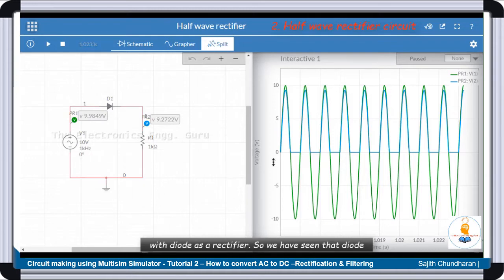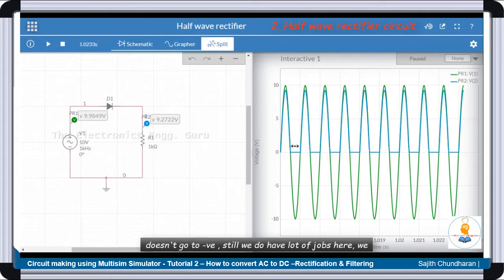So we have seen that diode is useful for us to rectify the input sine wave, and we have rectified it half wave. But when we ask whether it is a DC, no, we cannot tell that it is a pure DC because it is still fluctuating. You can see that it goes from 0 to maximum 10 volts and comes back to 0. Of course, you can tell that the voltage is only positive here, but it doesn't go to negative.